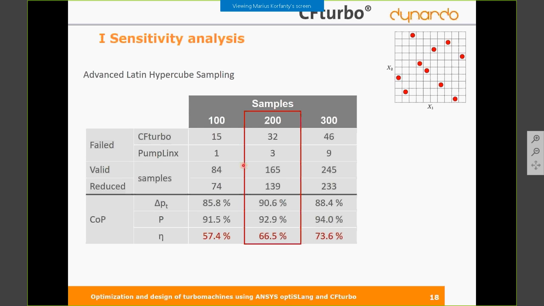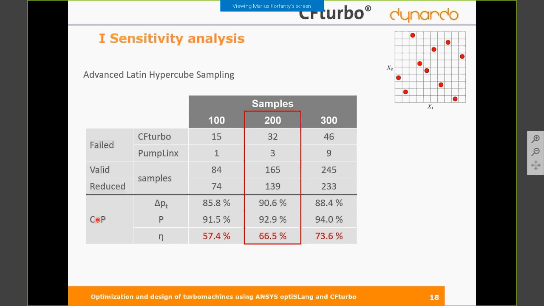In all cases, we can say that about 85% of the samples were graded, 15% failed due to unreasonable geometry parameters, and about 2–3% due to simulation errors.